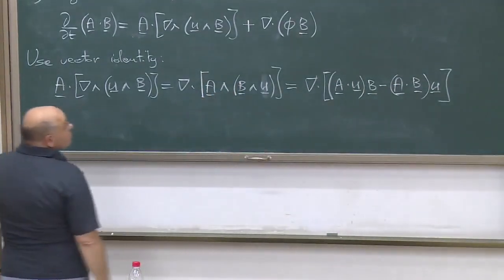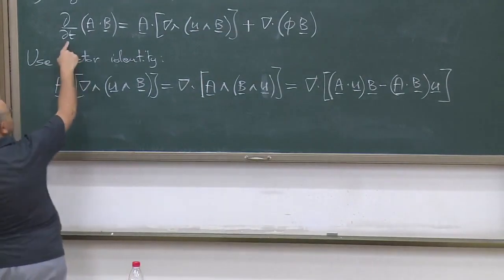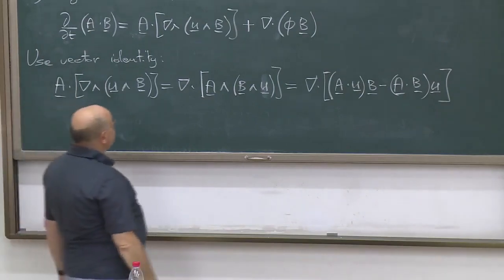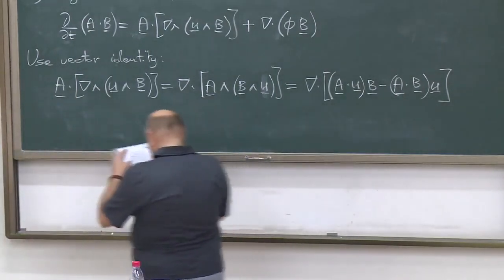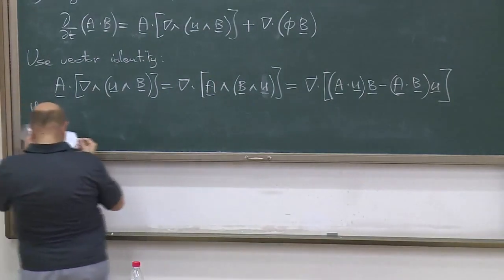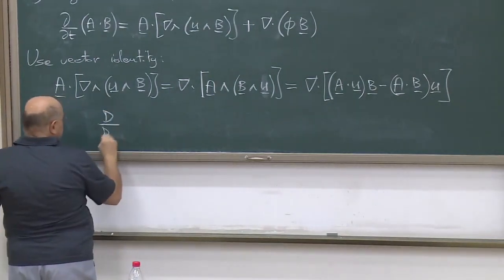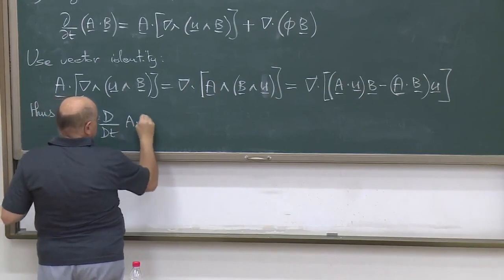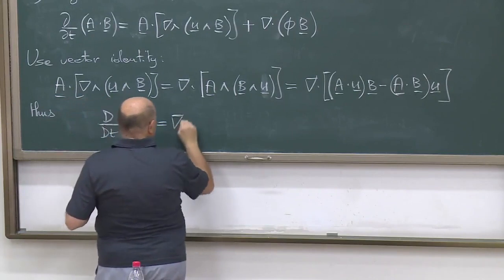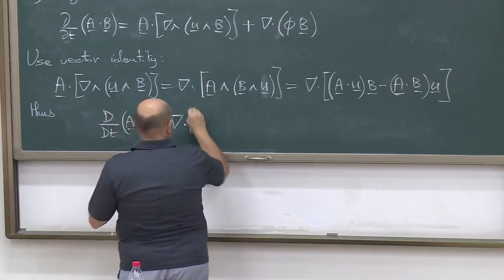Right, we need the total derivative, and we are just with the partial derivative, so we have to play a little bit with these structures to say, thus, d/dt of A dot B is equal to this quantity.